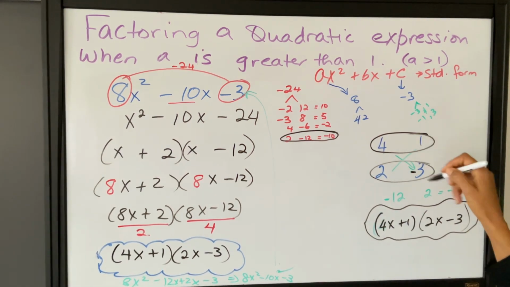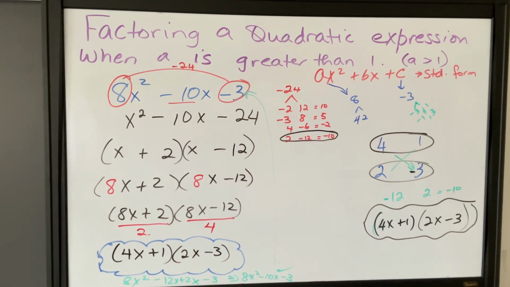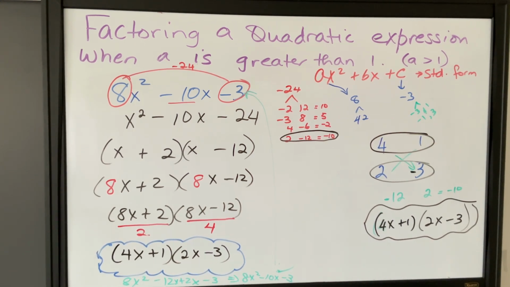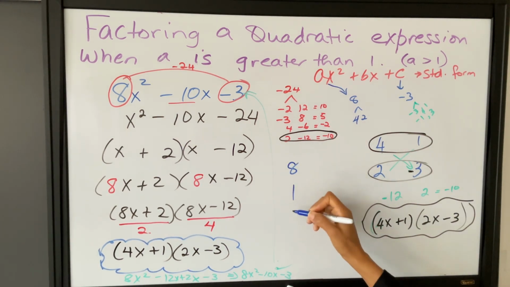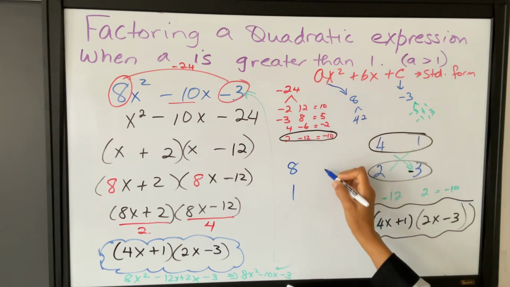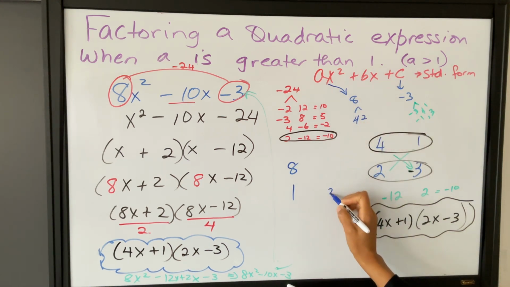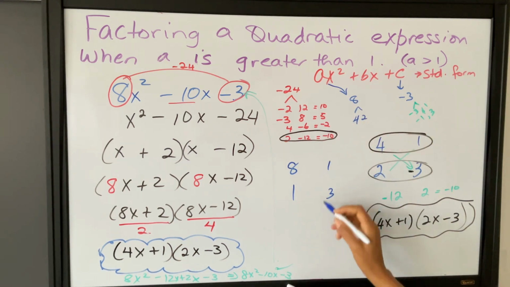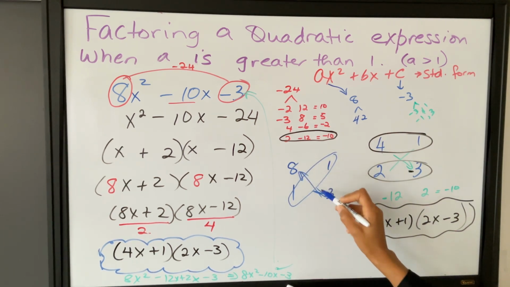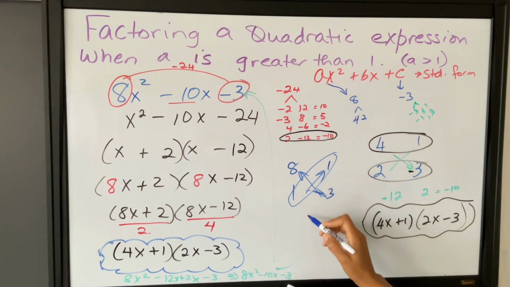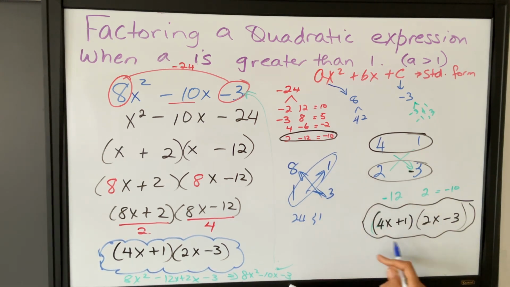Now, say for instance, if you didn't just jump to the answer like that, and say for instance, hypothetically speaking, you had started out with, say, 8 and 1, and say 3 and 1, you'll notice that when you multiply them diagonally, you're going to end up with, say, 24 and 1, which would not give you 10.